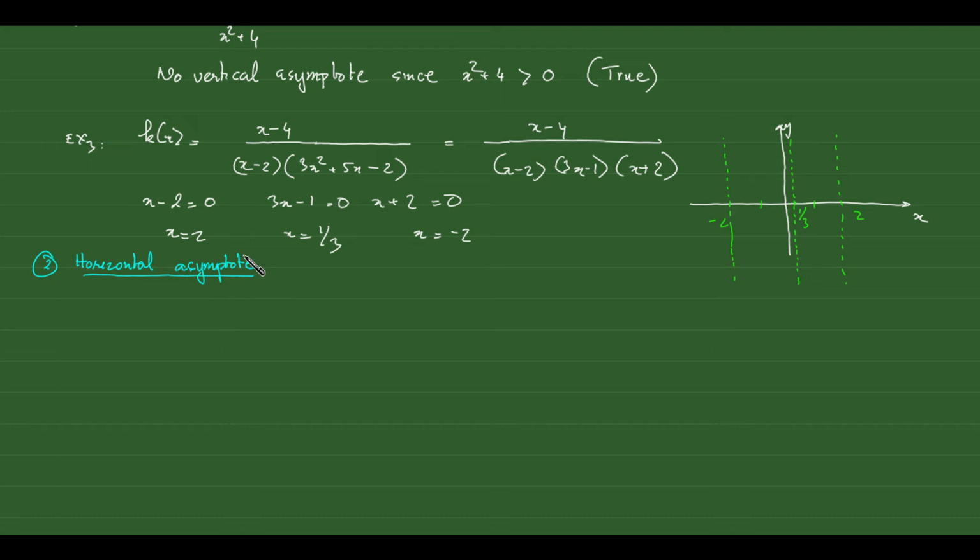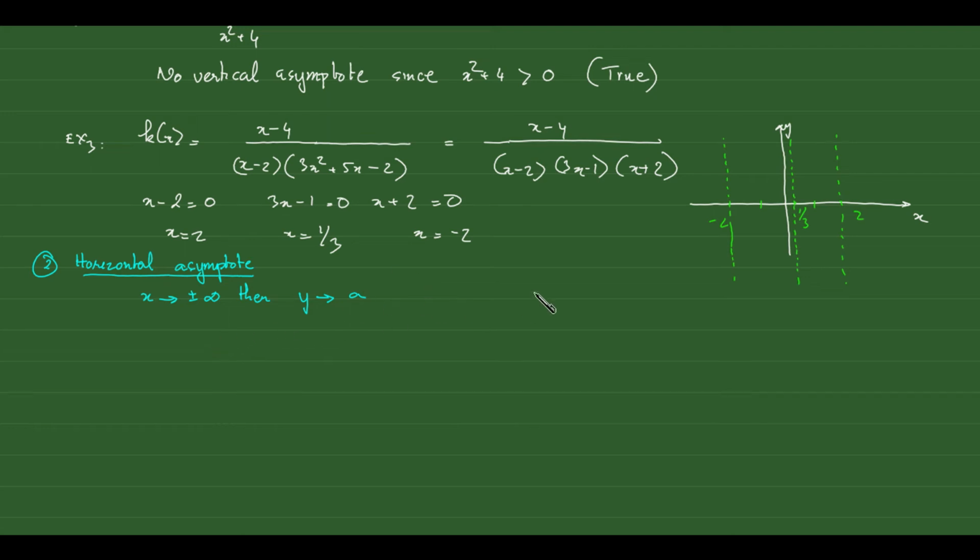It is a horizontal line, and this is the mathematical definition: if x approaches positive or negative infinity, then y approaches a value. That's the horizontal asymptote definition.